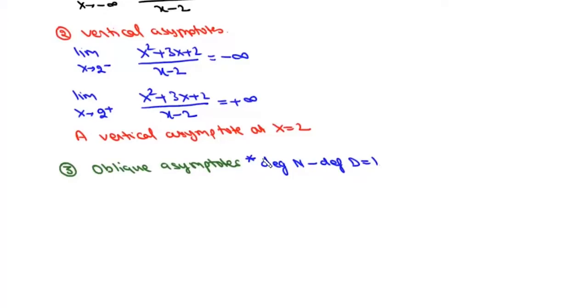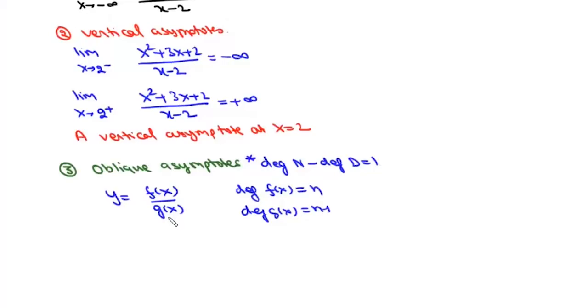So there is a difference of degree 1 between numerator and denominator. So if we have any rational function which is fx upon gx, and we know that degree of fx is suppose n, and degree of gx is n minus 1.